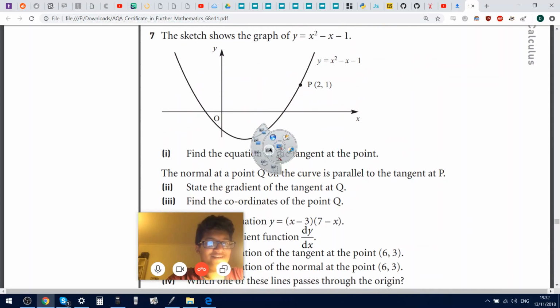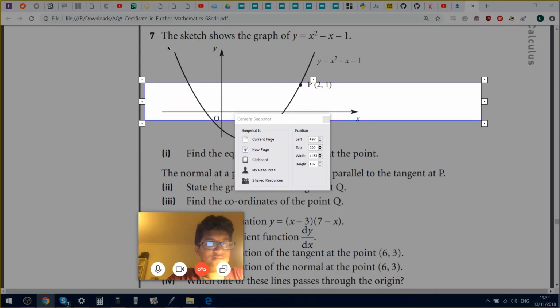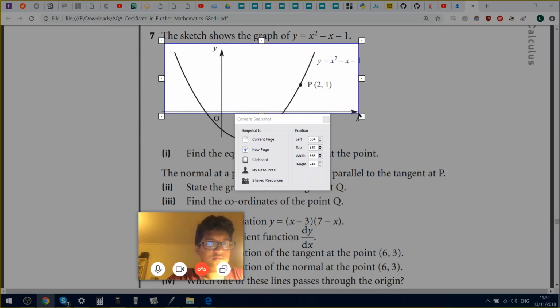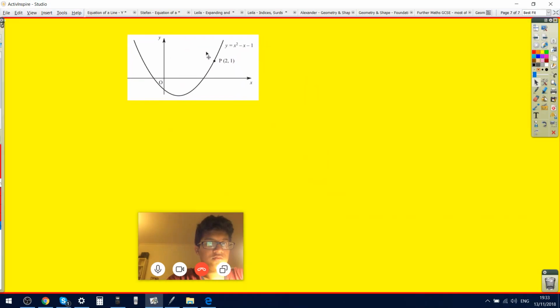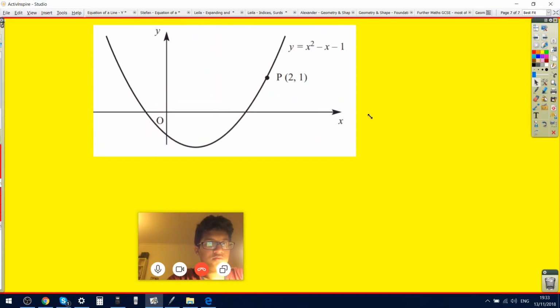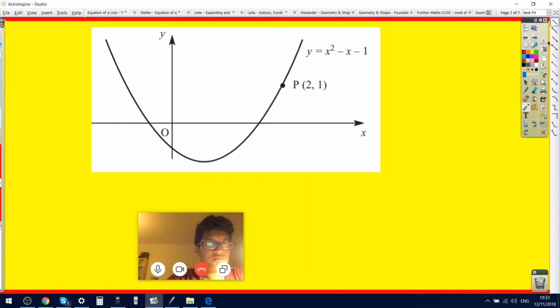Yeah, so maybe I'll just take this picture. On the left side, the gradient of the function is decreasing. On the right side, increasing.